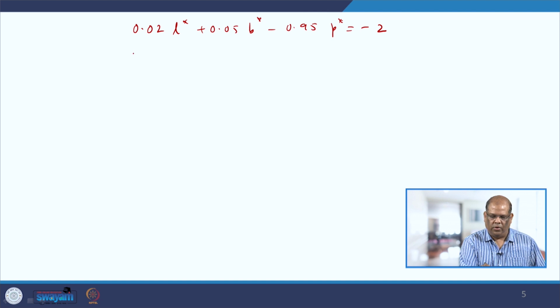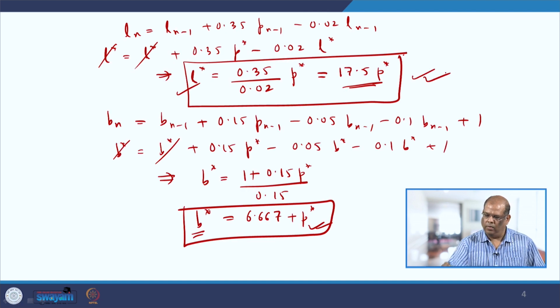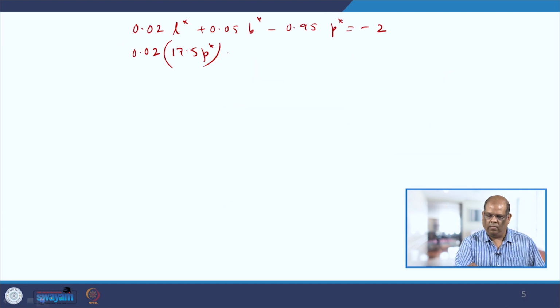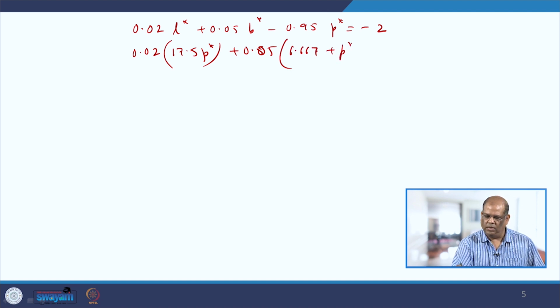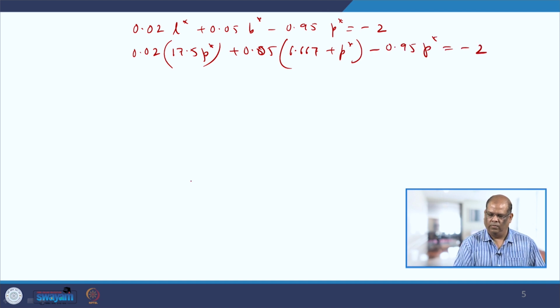So I substitute L star is equal to 17.5 P star from here, and B star equal to 6.667 plus P star, so 0.02 times 17.5 P star plus 0.05 times (6.667 plus P star) minus 0.95 P star equal to minus 2.